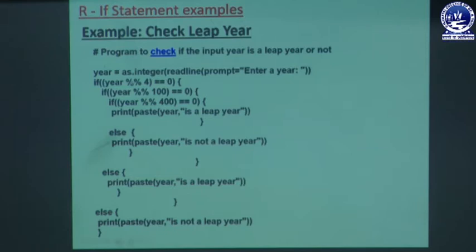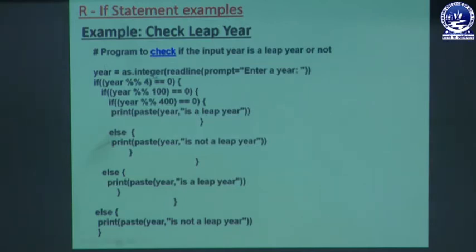And then there is another function, called as.integer. You can also divide this statement in two parts: I will write y equals readline, prompt equals enter a year. Then whatever value is entered by the user will be changed, or transferred, into an integer value.